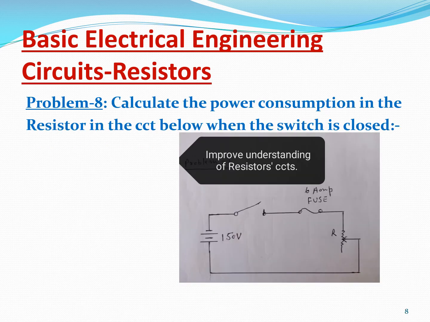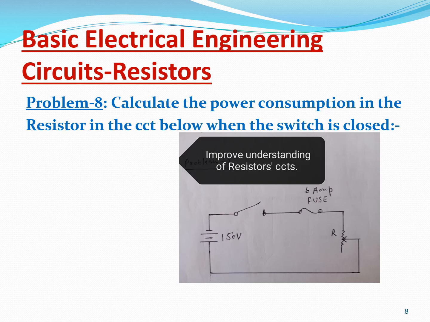Now question number 8 is, calculate the power consumption in the resistor in the circuit below when the switch is closed. Obviously, when the switch is closed, as we said, P is equal to V squared over R, and V is 150 volt.